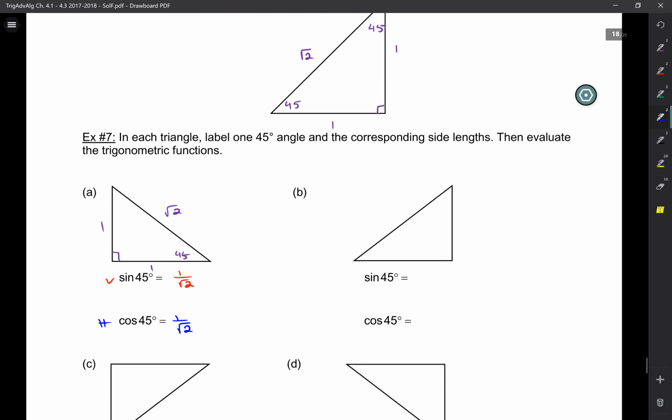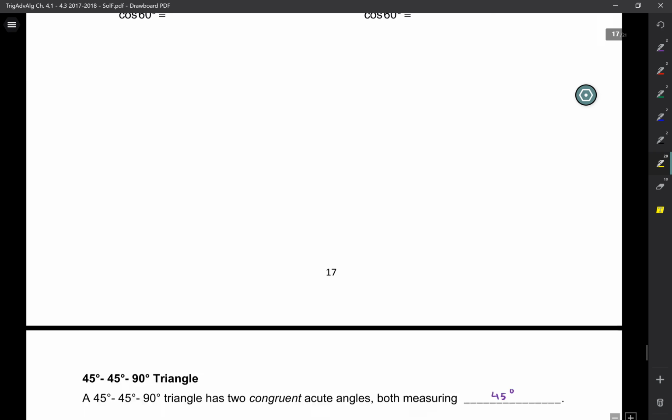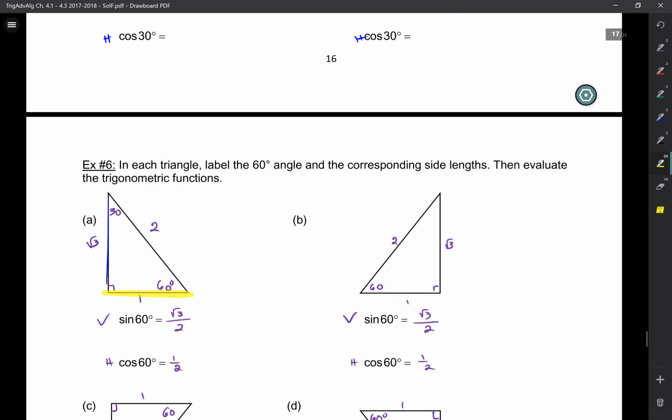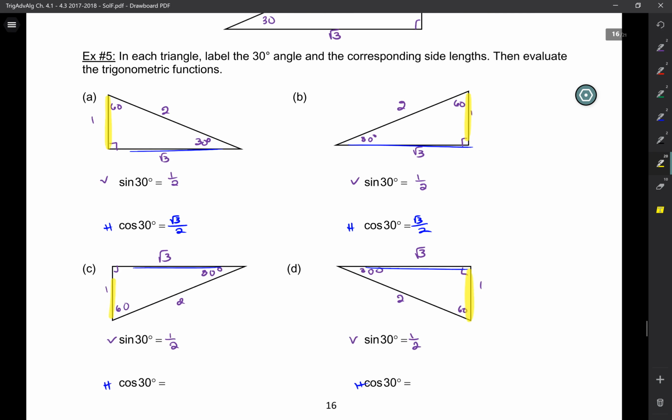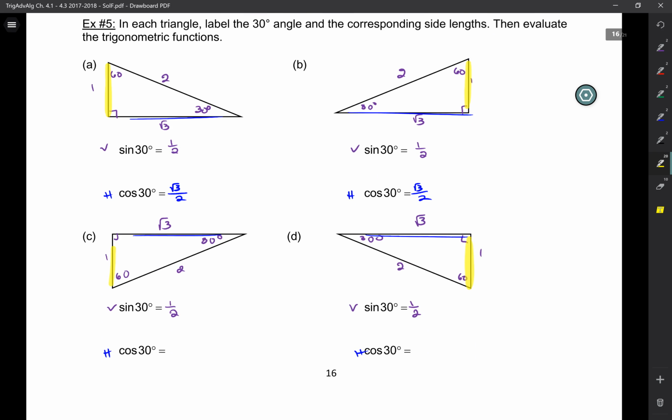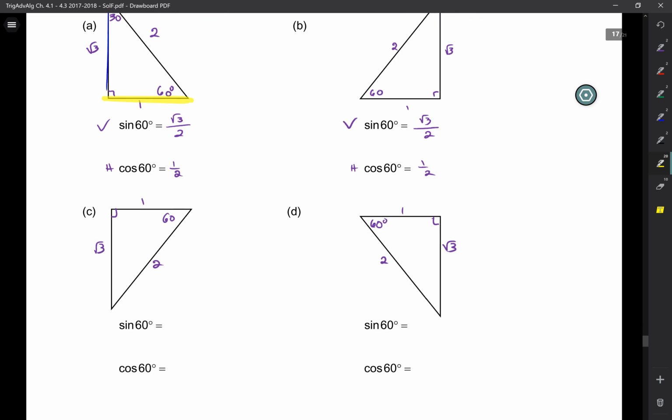All right, so let's just take an inventory of all of the possible values we got. Okay? Here, all these sines and cosines of 30, the two values that we got were 1/2 and root 3 over 2.